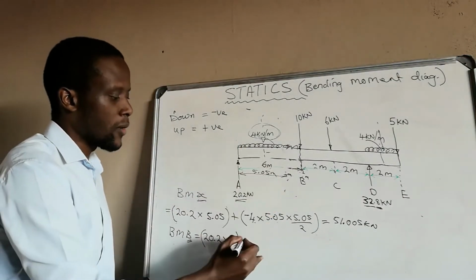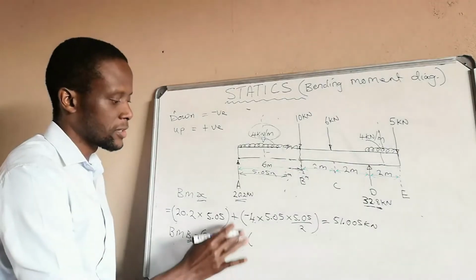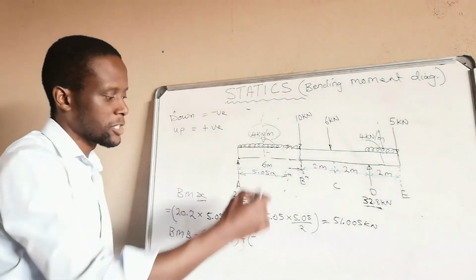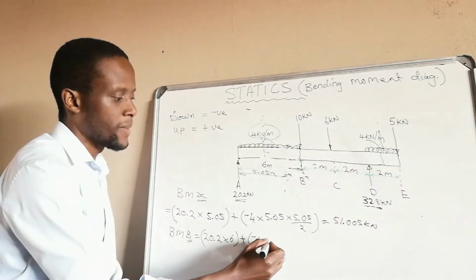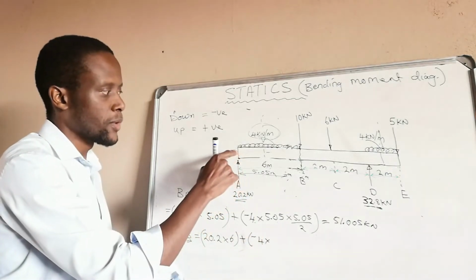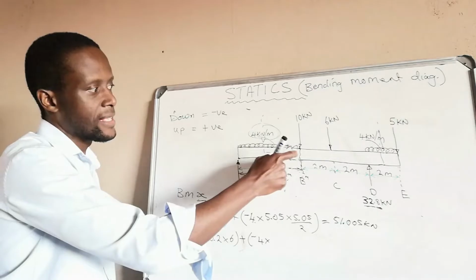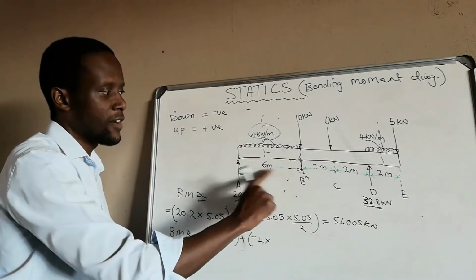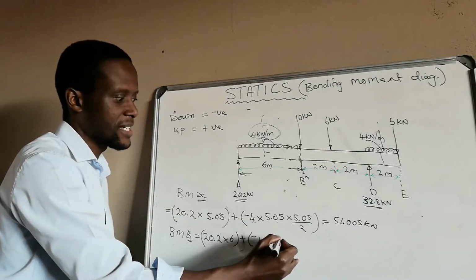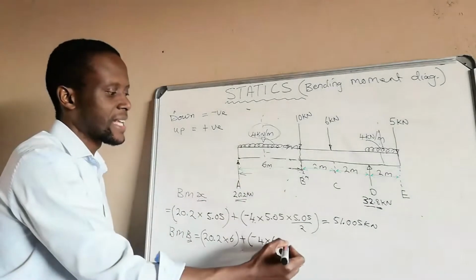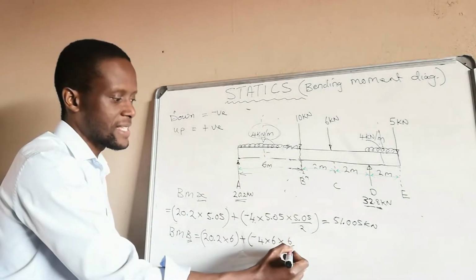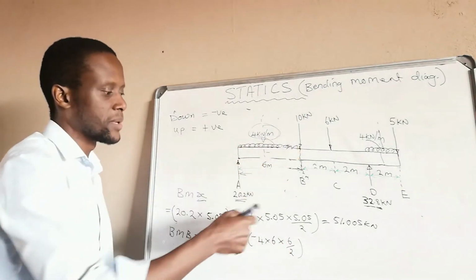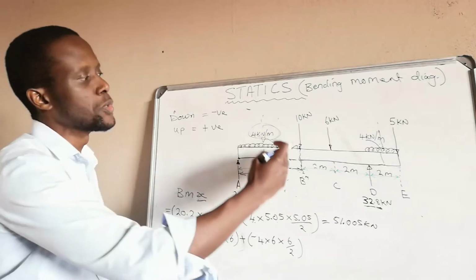Then we go to our uniformly distributed load, which pushes downwards, so it is a negative 4 times the distance over which the uniformly distributed load acts. It is dealing with 6 meters, not our 5.05, so we're dealing with 6 meters. Then we multiply this times half of that 6, which is 3 meters, from that point up until B. So you don't need to do the other side.